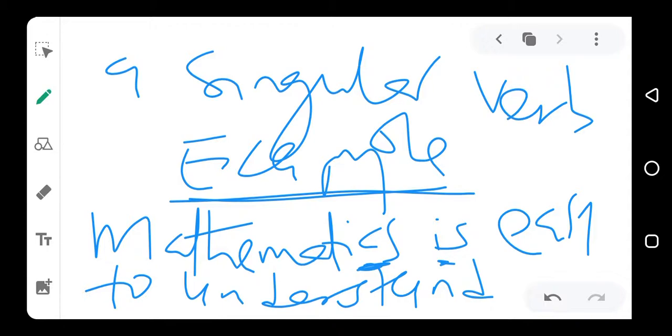Civics is a good subject. Economics is for art students. So all these nouns end with s, but they take a singular verb because naturally they end with s.